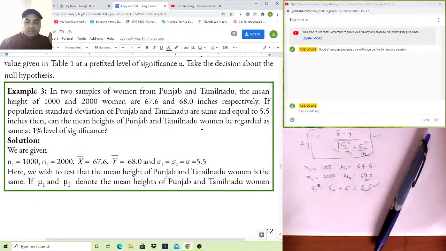Okay, so the standard deviation for both populations is the same. Can the mean height of Punjab and Tamil Nadu women be regarded as the same at 1% level of significance? So these are the sample values. Now we have to make an inference about the whole population, and we have the standard deviation for the whole population, which is equal to 5.5.